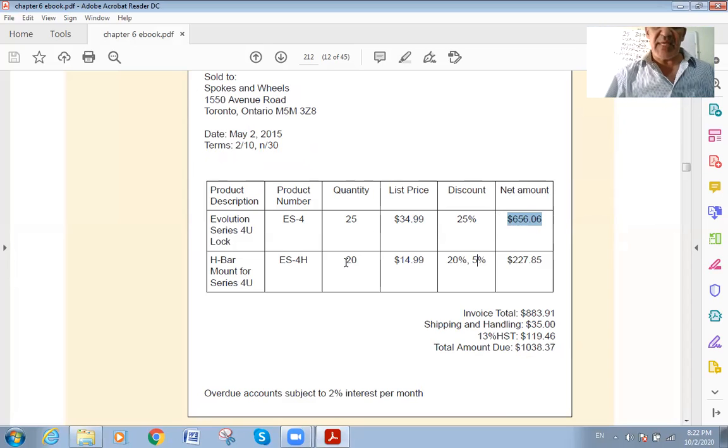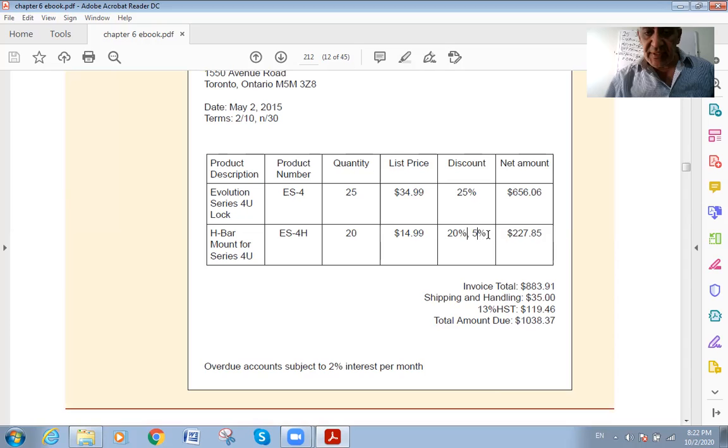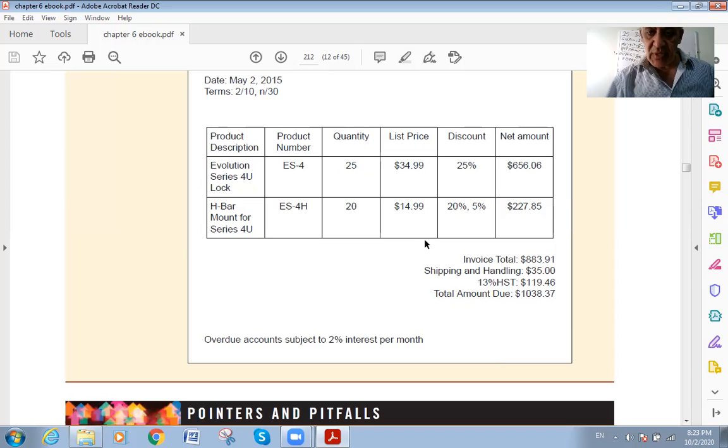So you will multiply 20 by 14.99. Then the discount rate is 20%, so you will check the 20%. Can you do this? Please do it.